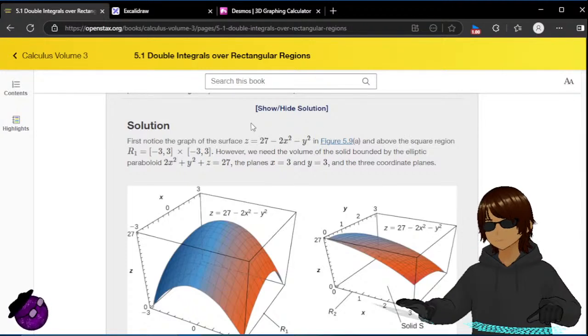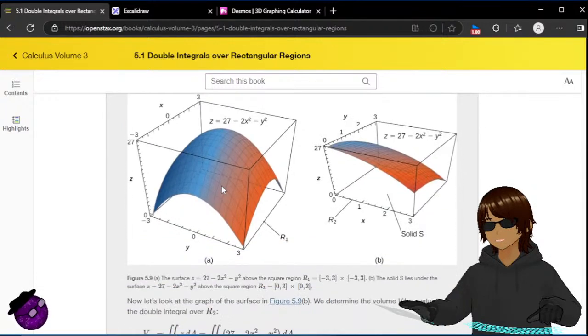First, notice that the surface C, figure 5.9a, is the surface above the square region minus 3 to 3 and minus 3 to 3.